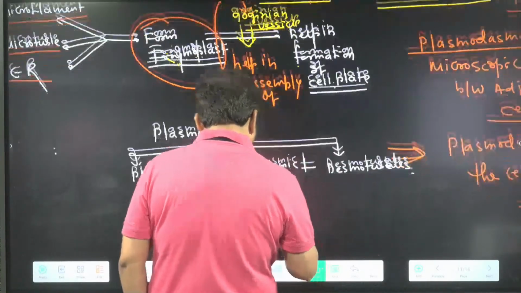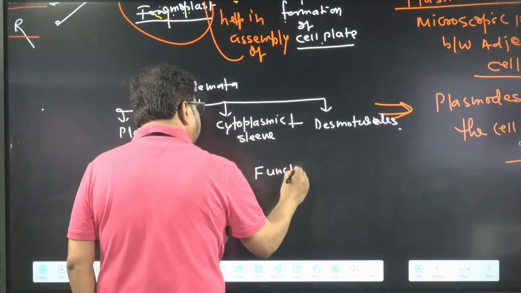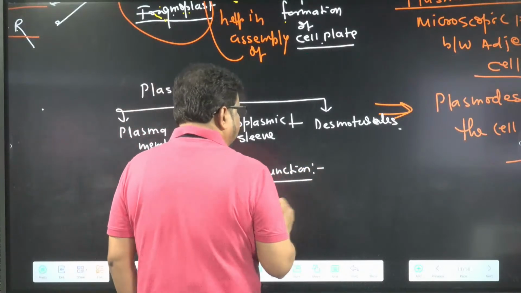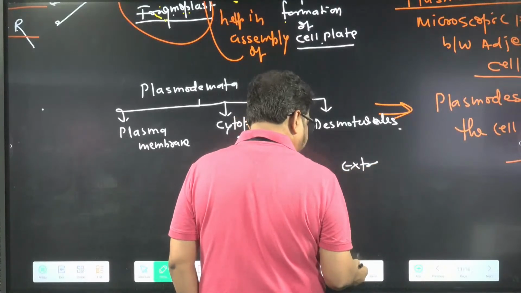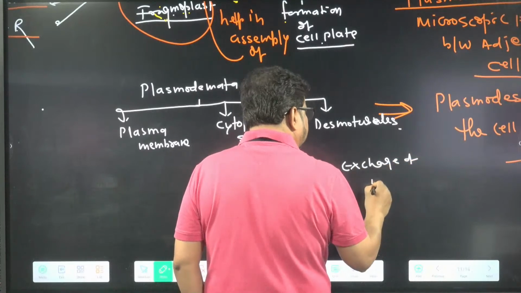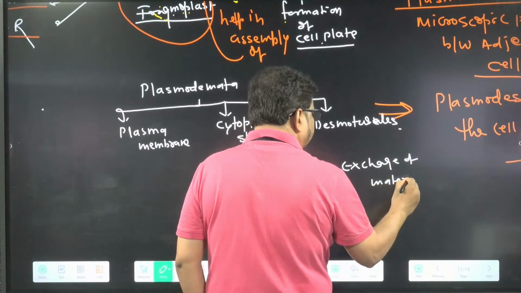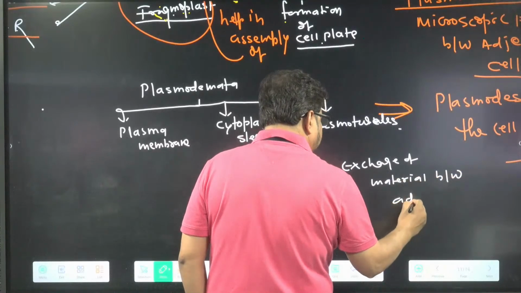And what is the function of this plasmodesmata? The function of plasmodesmata is exchange of material between adjacent cells.